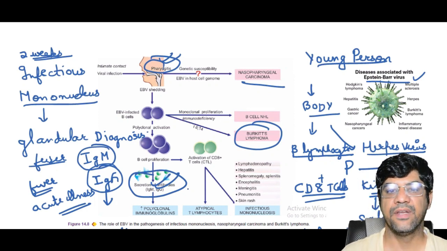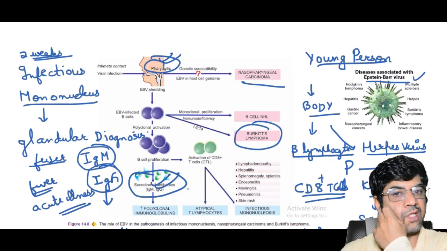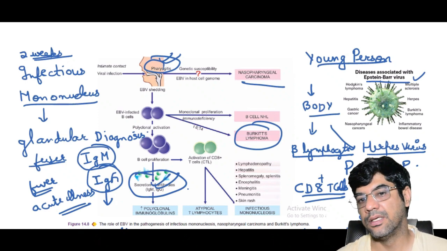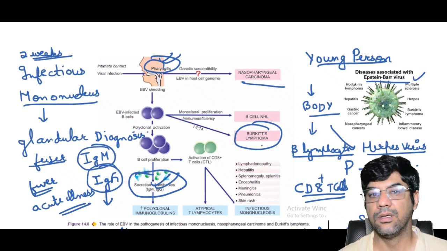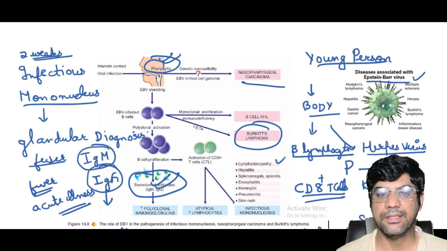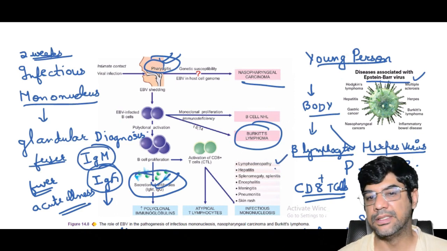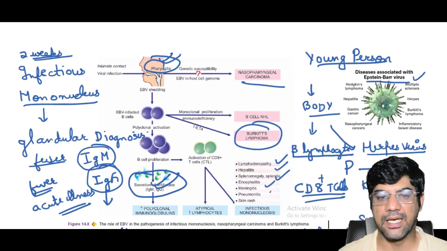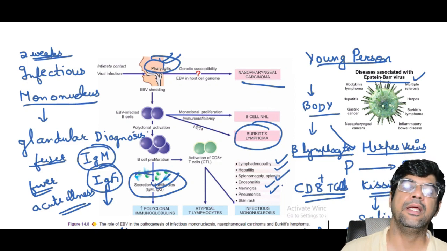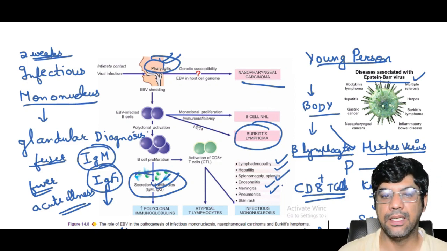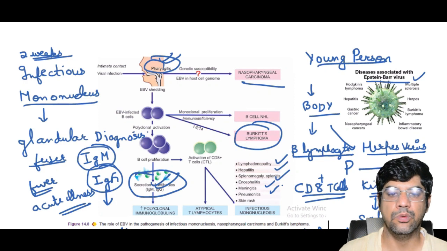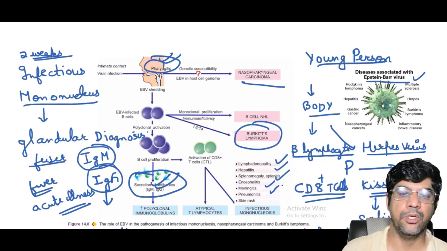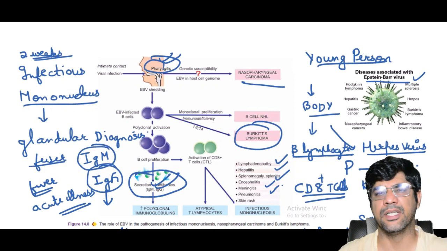The proliferation of these immune cells causes symptoms of infectious mononucleosis, which could be lymphadenopathy, hepatitis, splenomegaly, meningitis, pneumonitis, skin rash, etc. In certain individuals with genetic susceptibility, the Epstein-Barr virus contributes to oncogenesis or cancer development.